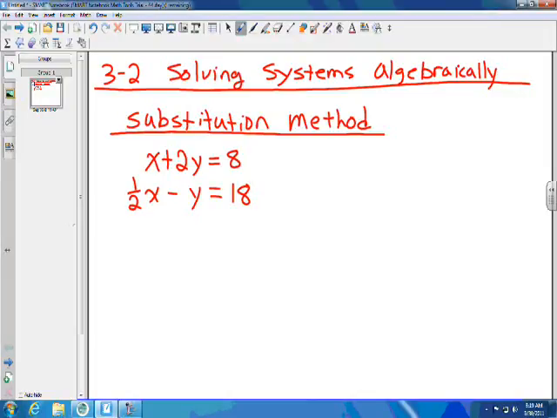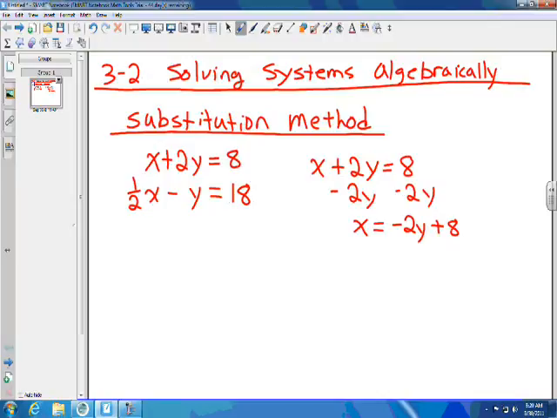So if we pick this x, and we're going to solve for the x, what would we do to solve that equation for the x? Subtract the 2y. And we would get that x equals what? -2y plus 8, and really it doesn't matter the order for this, but it's good to stay in that habit.